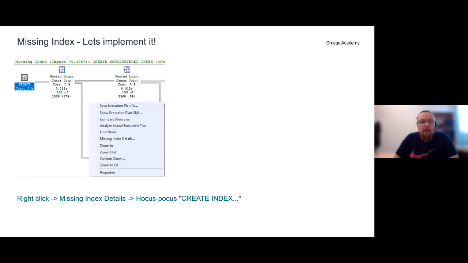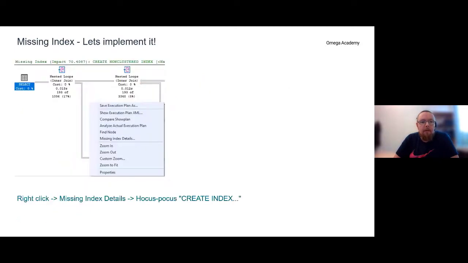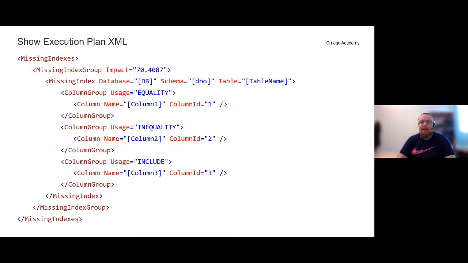What I haven't been aware of, though, is that if you click on the Show Execution Plan XML, which is the second item in this right-click menu, you will get to something like this. It shows the execution plan as XML, but be aware that this one, the missing index, is just basically the random index that it proposed, because this query might have multiple indexes that it might want.